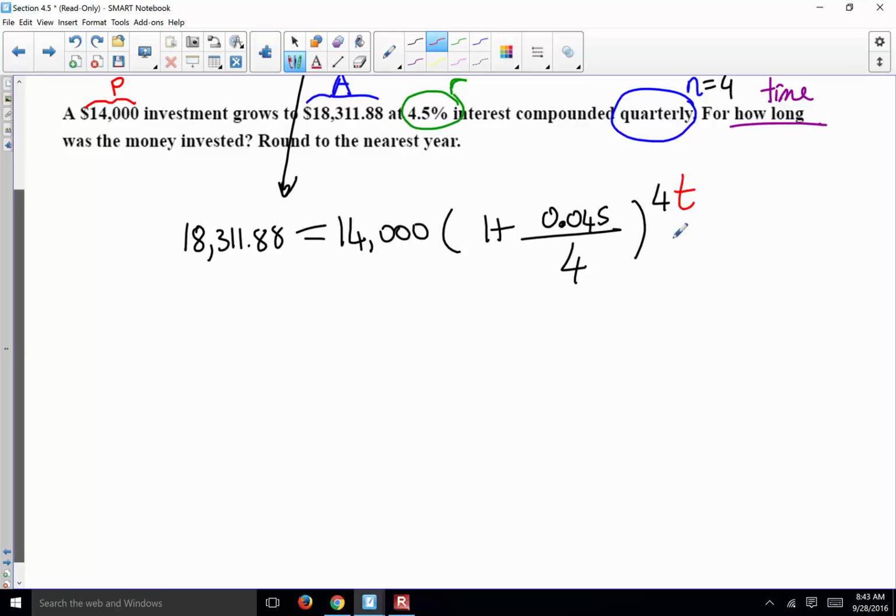We need to first compute the base clearly and leave this isolated. There is a base here, base raised to some power. So somebody compute this base, please.